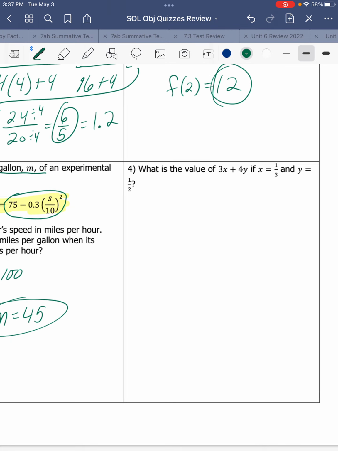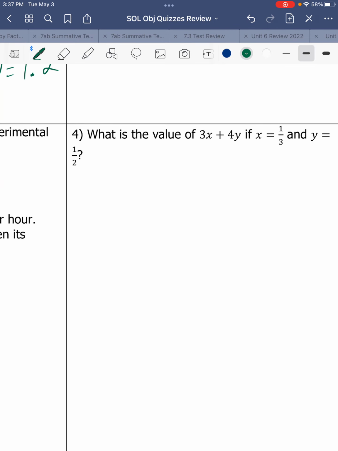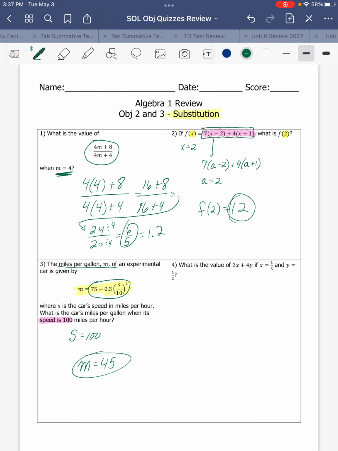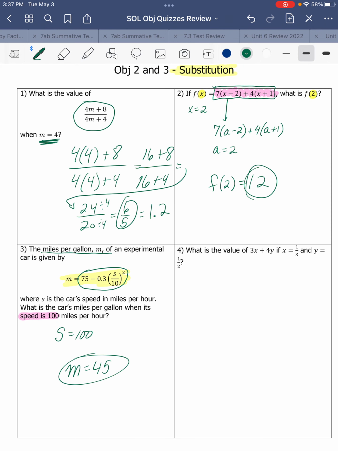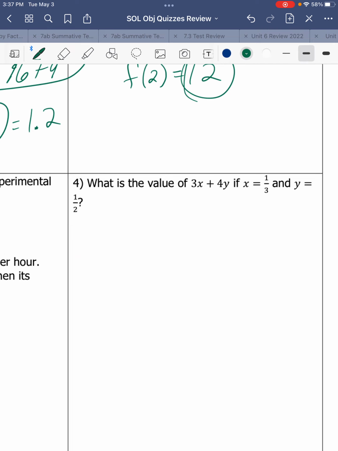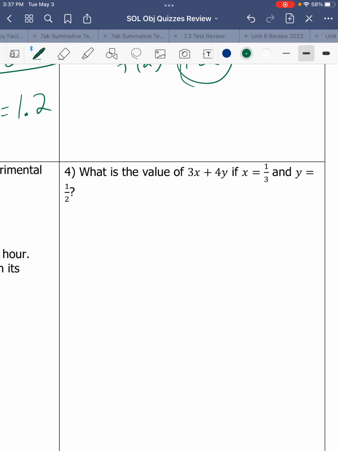All right, let's take a look at number 4. Now we have x's and y's, so anytime we're not looking at the graph here, ultimately what we've been doing is substituting and simplifying. Anytime you're simplifying, we need to change the variables so they're something else.